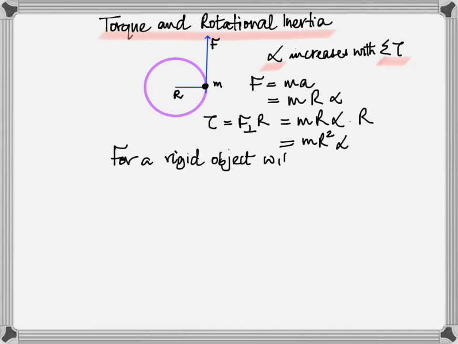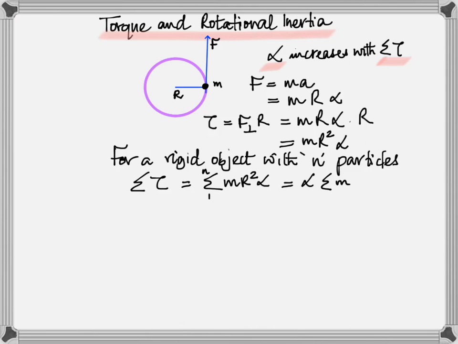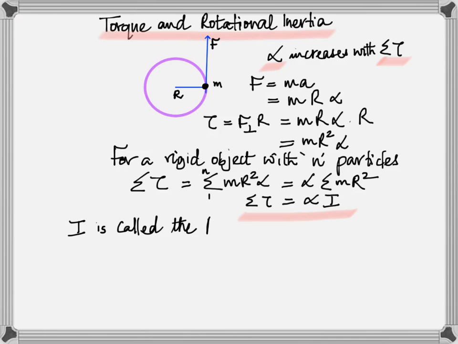If you're talking about a rigid object where there are so many particles close together, you can write the same formula as sigma 1 to n of m r squared alpha, because you're taking the rotational inertia of every particle and adding them up. I is called the rotational inertia.